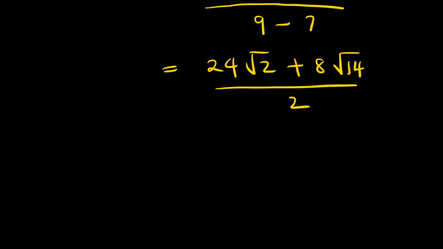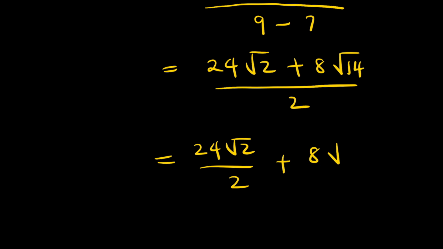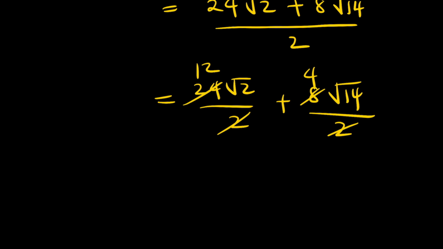So let's separate this fraction. This is equal to 24 root 2 over 2 plus 8 root 14 over 2. This is 12 here, and this is 4 here.